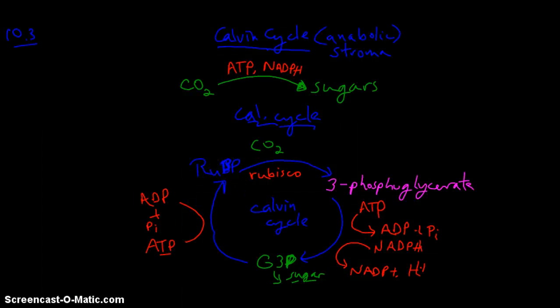Let's even give it that name. Thus repeating the cycle. So as long as carbon dioxide is available, and as long as ATP and NADPH are available, you'll have this cycle continue with the continued production of these sugars, again, occurring within the stroma of the cell.